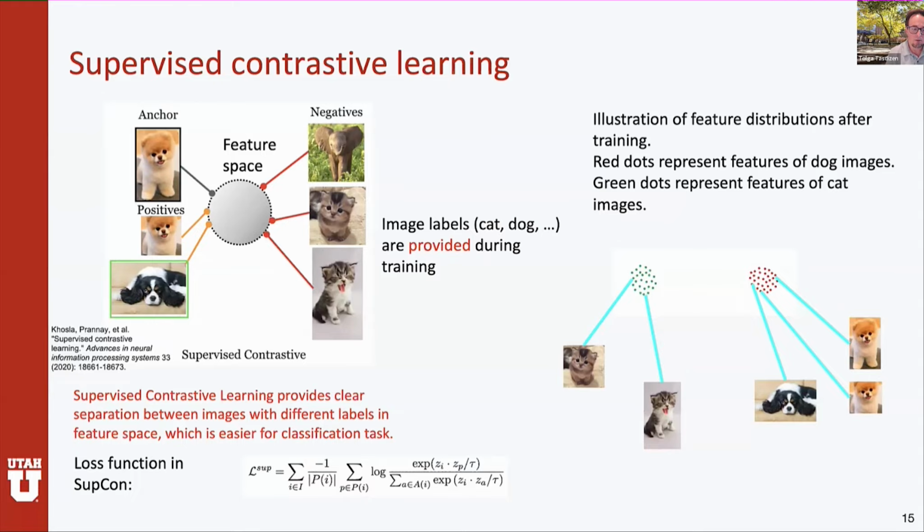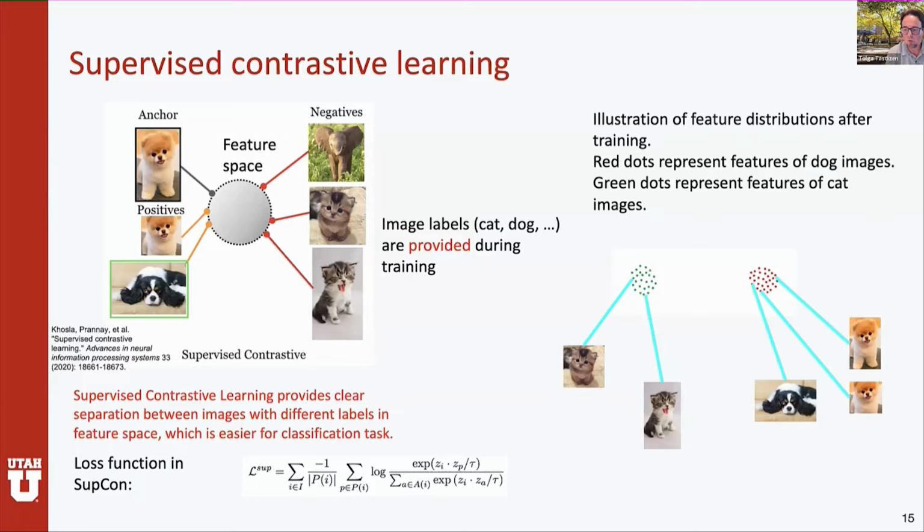And when I use a loss function to pull those positives together and push away the negatives, we end up with a different kind of representation space, different embeddings, where we can expect the different examples of the same class are going to be clustered together, and the clusters between different classes are going to be better separated.